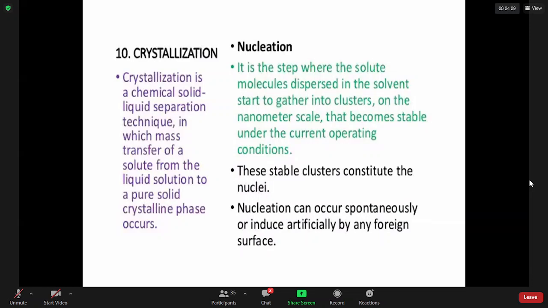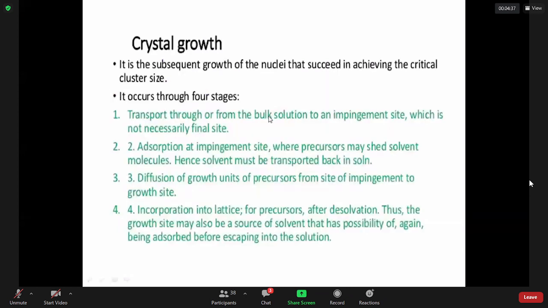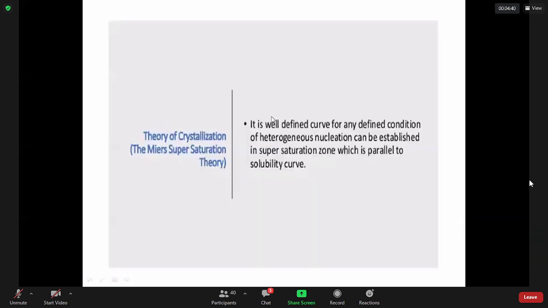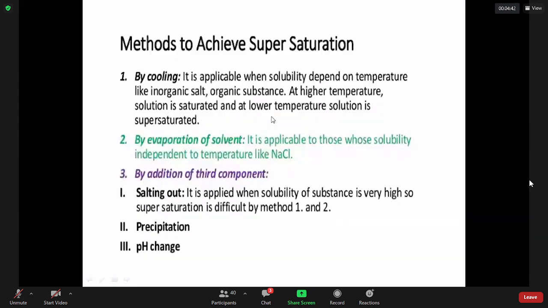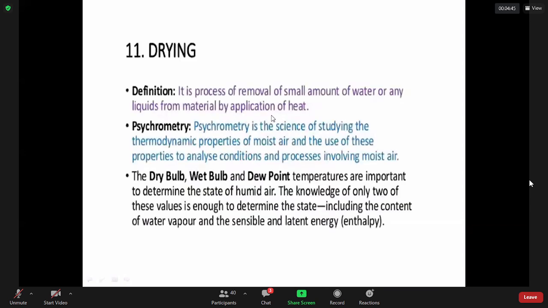That means you evaporate off, and then the crystals start forming because the concentration has reached what we call supersaturation. But you can also increase the crystallization by putting there a seed. That's what we call nucleation. You put there a nucleus, and that is a spark for the formation of crystals. And well explained here is what we call crystal growth. And where is it applied in our industries? We will be able to do that.